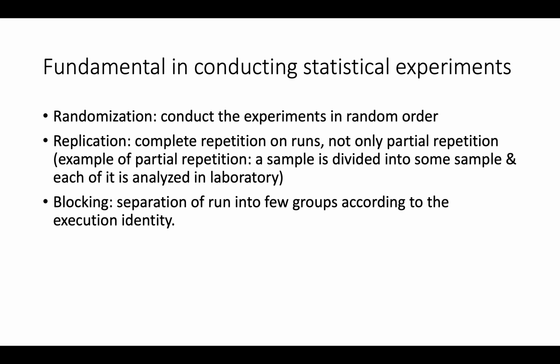Replication means complete repetition of runs. We really repeat each of our experiments, not only a partial repetition or just duplicating the characterization. So we need to do a total, complete repetition of all of our experiments.